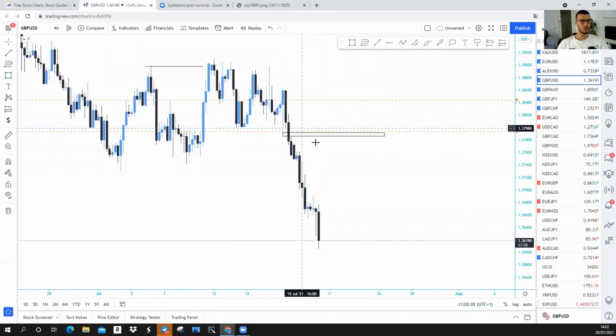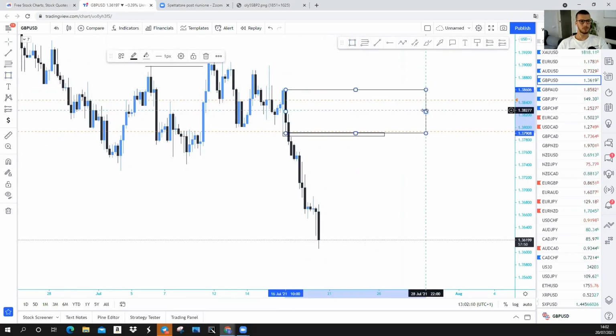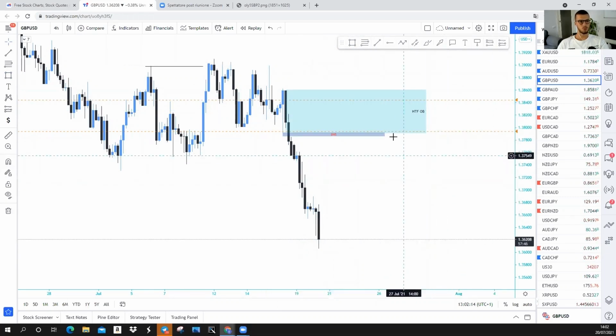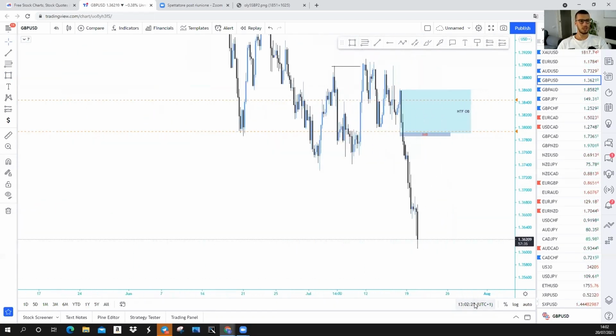Only up here, just a little bit of imbalance and a big order block right here. And therefore, I would just wait for a retracement to the upside, and I will look for sells on GBP-USD.